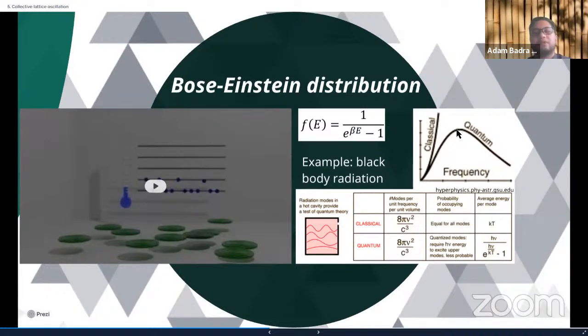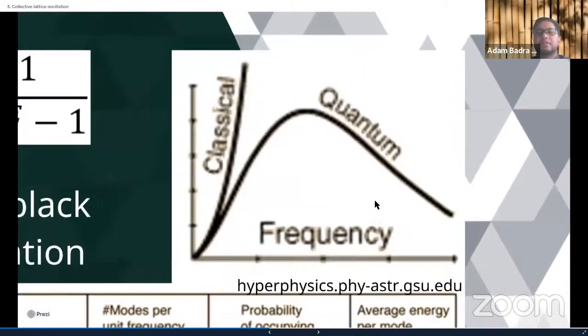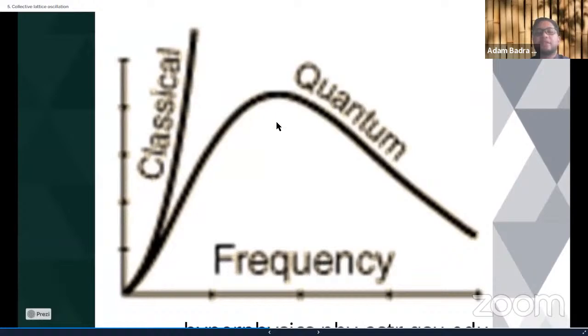However, what is observed is that it achieves some maximum, and after that maximum, the radiation becomes smaller and smaller for large frequency. This can only be explained using the Bose-Einstein distribution, and the curve matches what is observed in experiment. So this is the actual trend that explains the real data, and this one is the classical approximation.